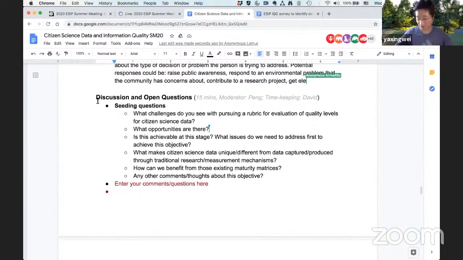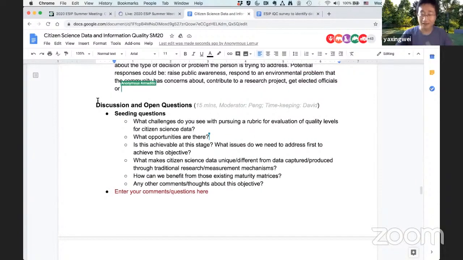We want to have some discussion about the objective that we identified from the previous winter's meeting. The objective is to be able to evaluate the maturity of citizen science data.